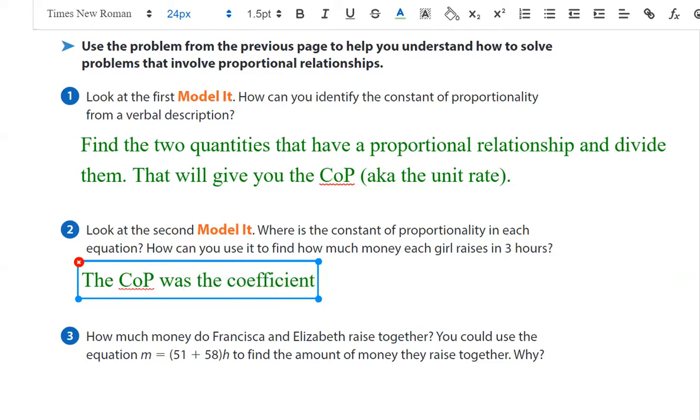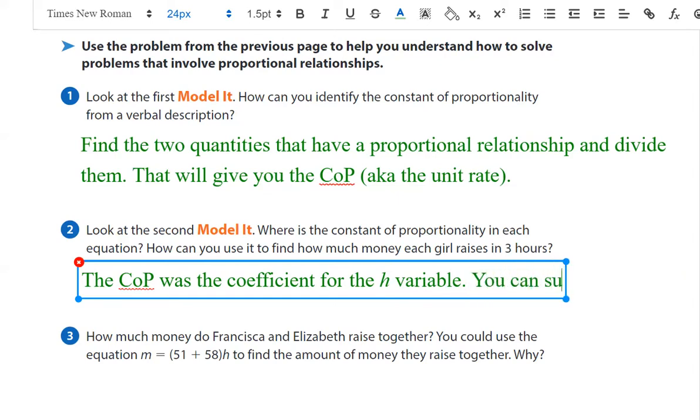I'm going to make you memorize that word. Remember, the coefficient is the number that is attached, that is touching the variable, the letter. The constant of proportionality was the coefficient for the h variable. You can substitute 3 for h.